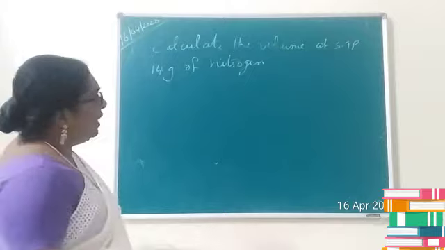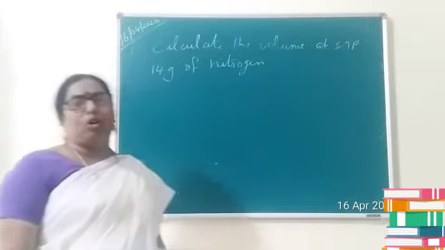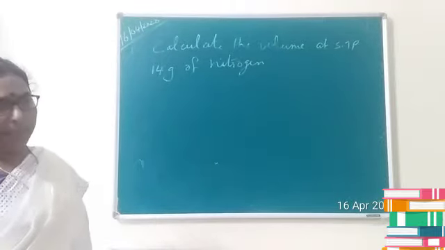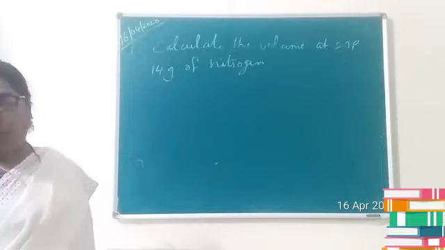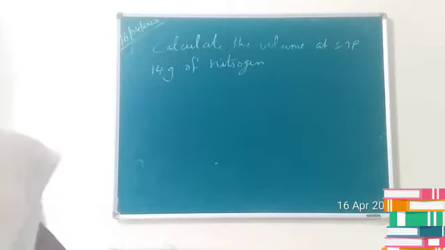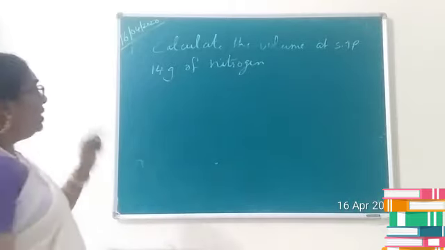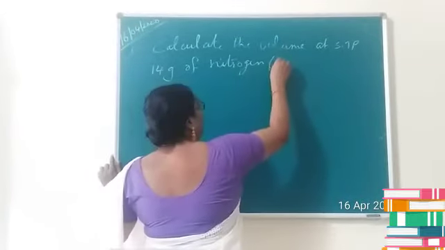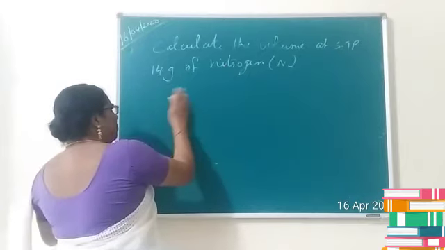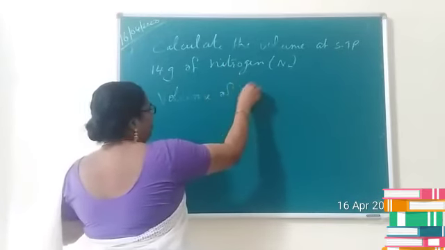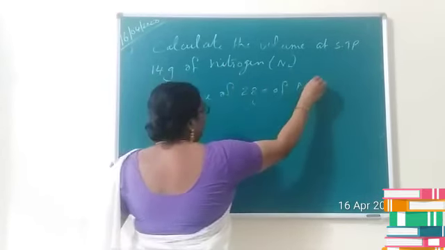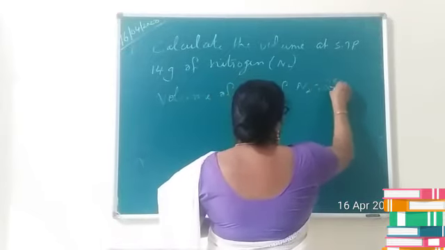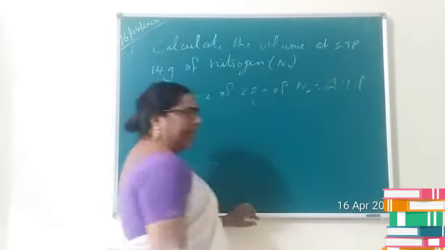Children, you know that molar volume means volume occupied by a gas at STP, and that is always equal to atomic mass or molecular mass of the compound. So on this basis, since nitrogen exists as a diatomic molecule, we know that volume of 28 grams of nitrogen is equal to molar volume, that is 22.4 liters at STP.